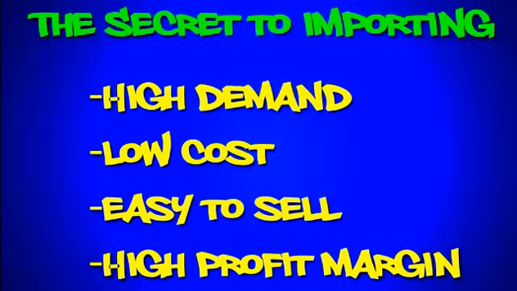So once you're running low on product, you just send an email to your supplier and say, hey, I need another 100 units. If they cost you $5 each, that's only $500 plus shipping. It might cost you, say, $700 to get another 100 items.